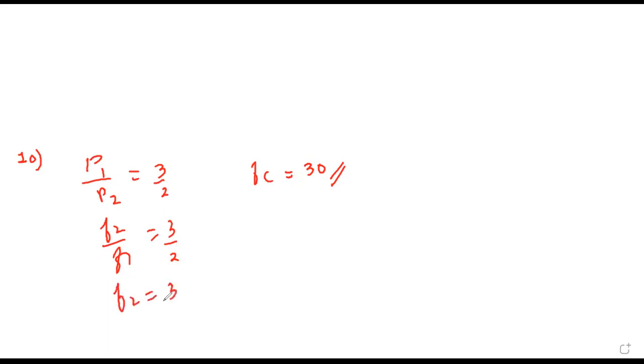F2 will become 3/2 F1. If F1 is F, then F2 will be minus 3/2 F because it is concave. Second lens is concave, therefore minus 3/2. Now you got the idea.